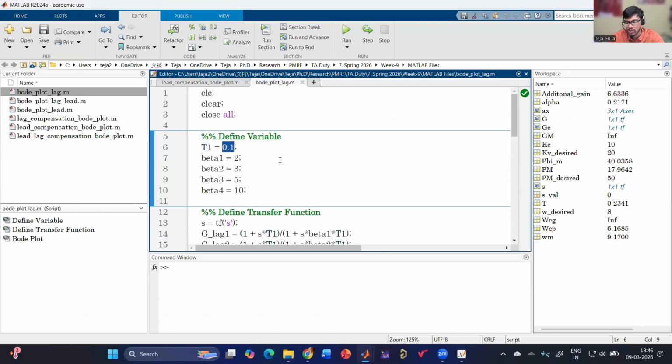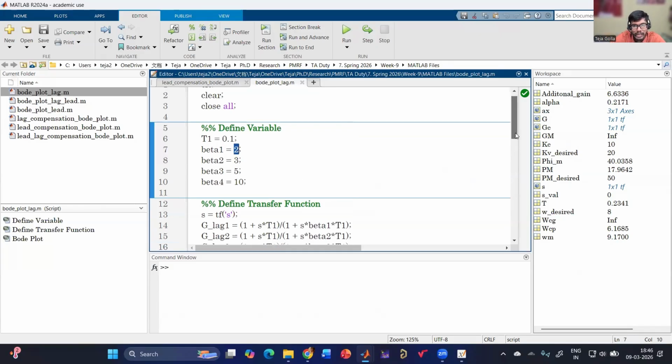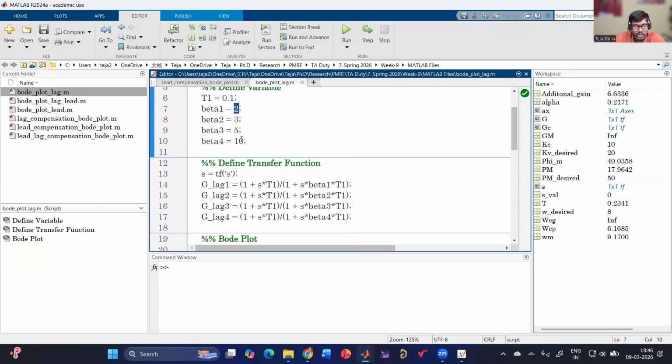If you remember, in the root locus also, we started with T1 to be 0.1. We have not defined it as such, but we have considered that very close to the imaginary axis, and from there we have calculated the beta, and beta is greater than 1. So considering beta from 2 to 10, I'm seeing how the beta is going to affect whatever lag that I'm aiming for.